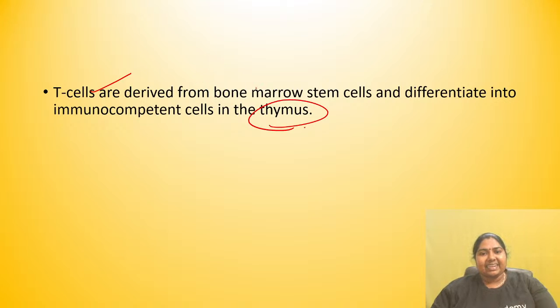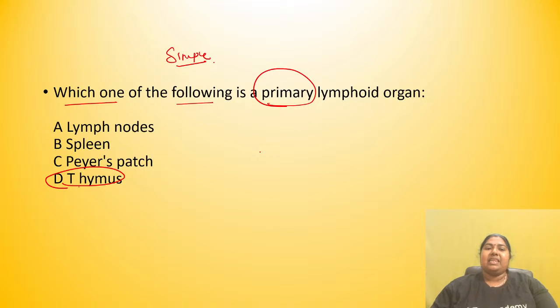The T cells derived from the bone marrow stem cells only become immunocompetent in the thymus. So the thymus is a primary lymphoid organ, and all the others are secondary lymphoid organs. Understood?